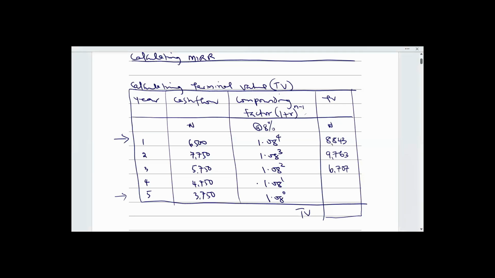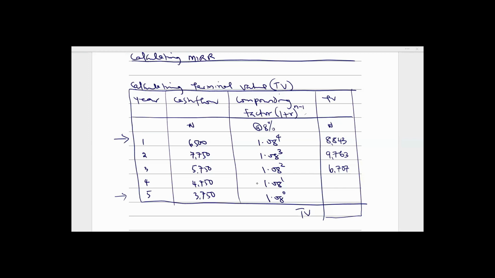Okay. Then for the fourth year, 1.08 raised to power 1. Excuse me, let me redo that one. 1.08. We're using almost 4 or 5 decimal places for this to get the answer you have given us.